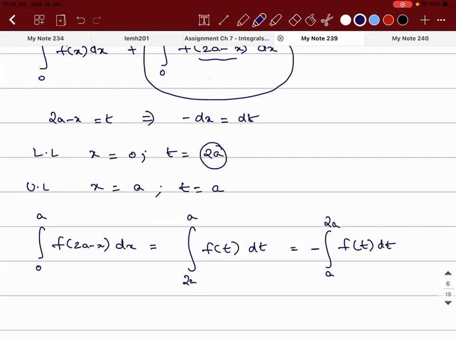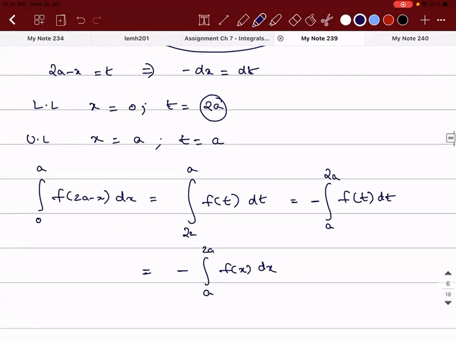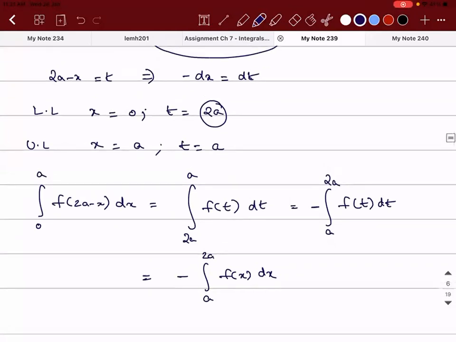Because I interchange the limit. When I interchange the limit, its value changes to negative. Wait, just a minute. A small correction that is to be done. Minus dx is minus dt. When it is minus dt, then this should be plus. When this is plus, this will also be plus.